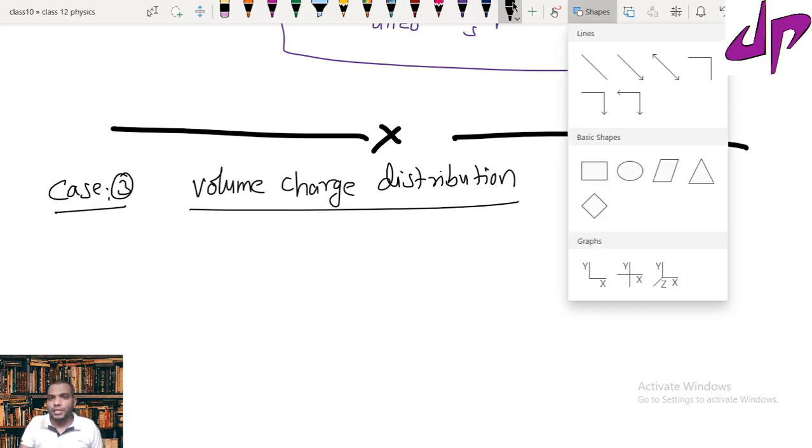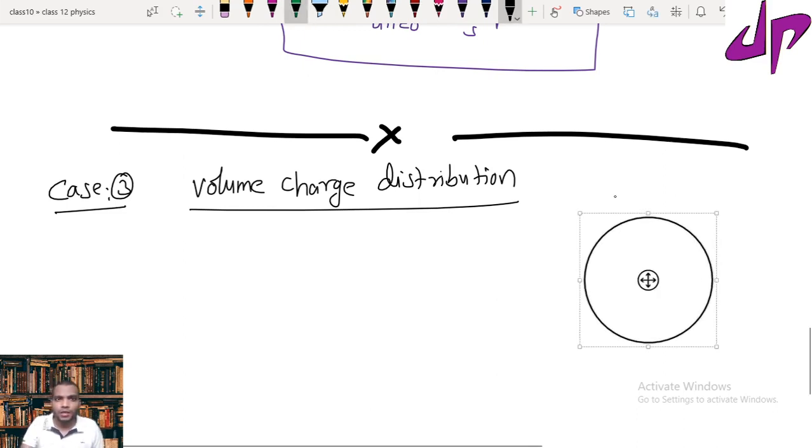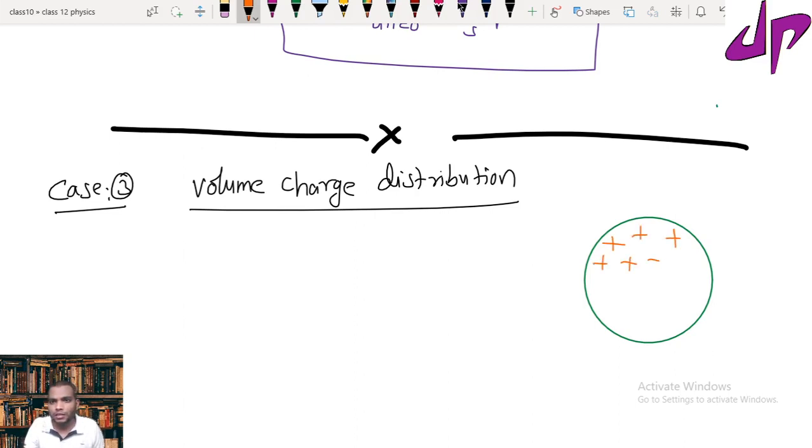It means in this case we need to take an object which is having a volume. So consider this is an object having volume. Suppose it's a charged object, it means charge is present in this volume object.